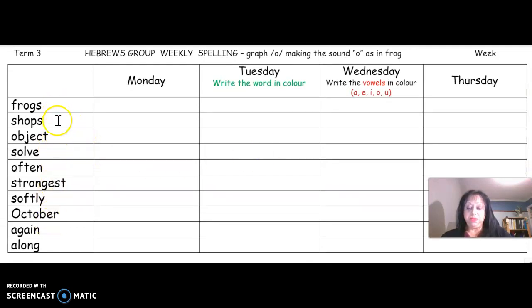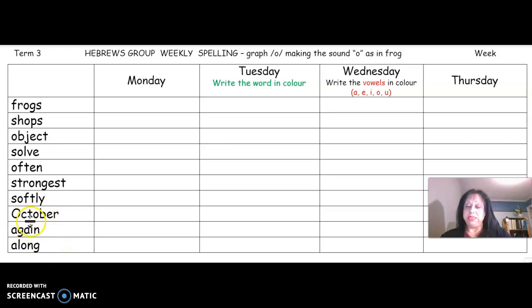Hebrews group, let's go through your words. Frogs, shops. Now, as I'm saying the words, you try and say them with me and listen for the sound of the O making O. Frogs, shops, object, solve, often, strongest, softly, October, again, along.